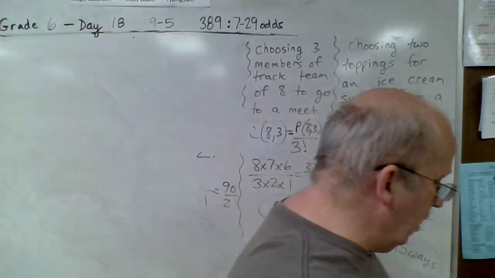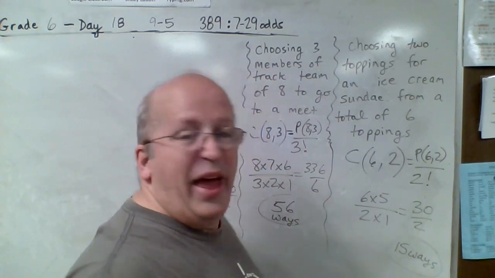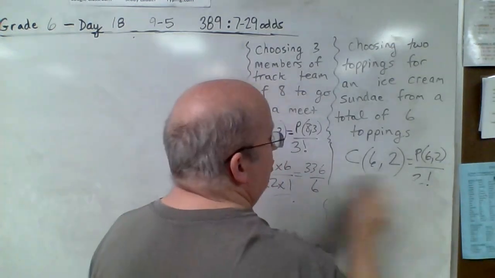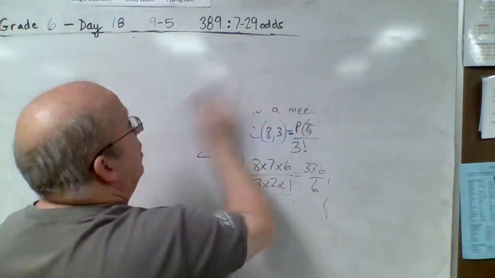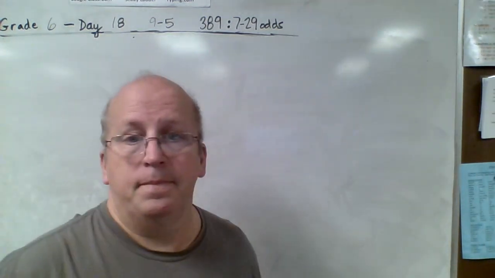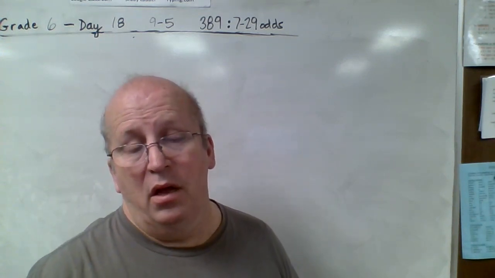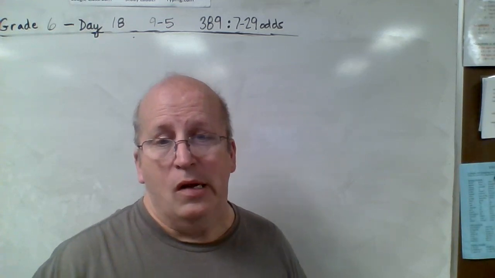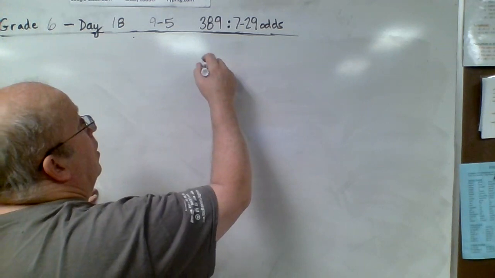How many ways can 10 students finish first, second, or third at a science fair? Is that a situation where order matters, or does not matter? Order matters, doesn't it? You would rather be first place than second place at a science fair. So number 5 is a permutation problem.